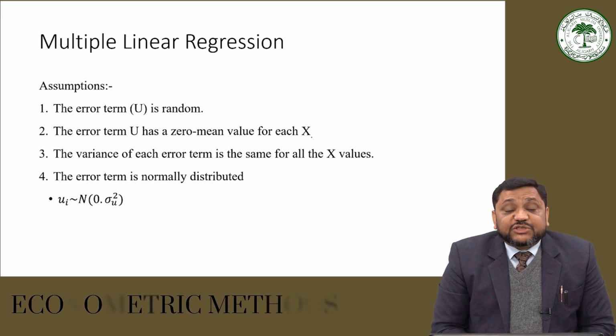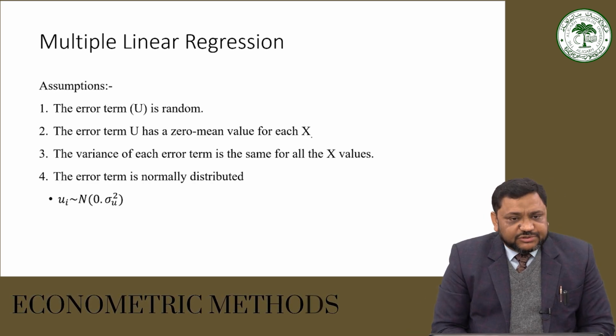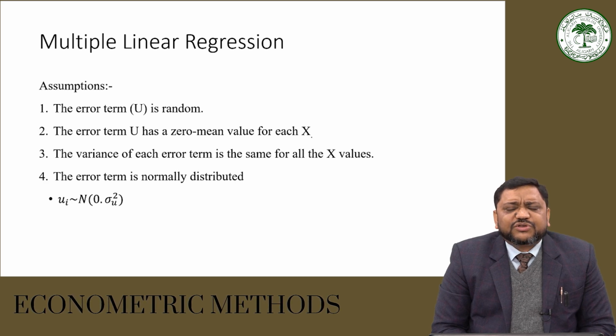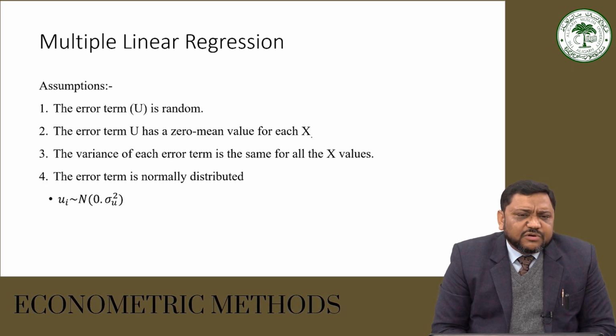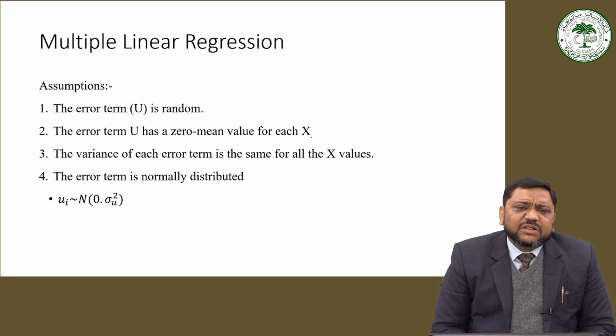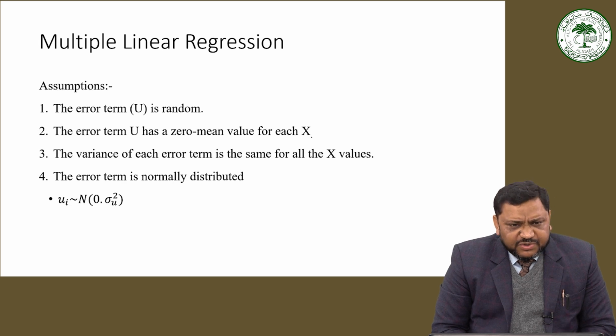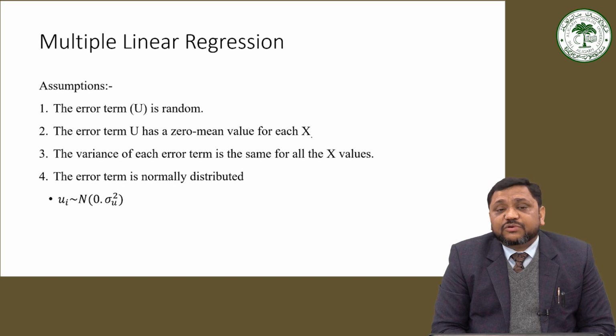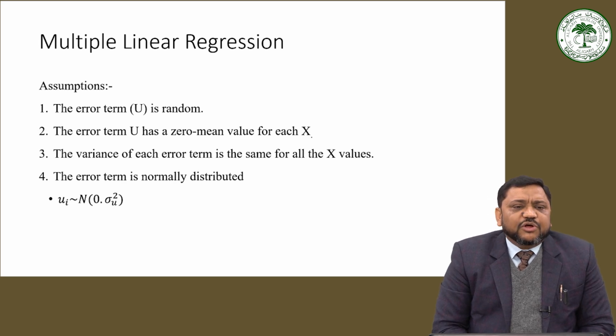Next we go by the assumptions of multiple linear regression. Here almost the same assumptions as the simple linear regression model, where there was only one independent variable, are repeated, and one is added: there is no relationship between two independent variables. So, what are the assumptions?